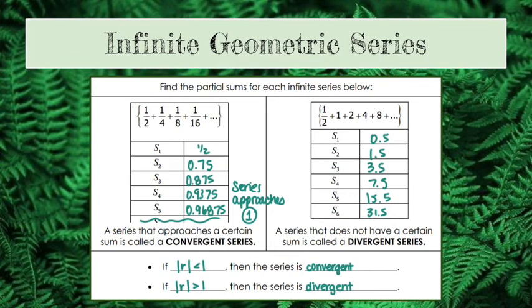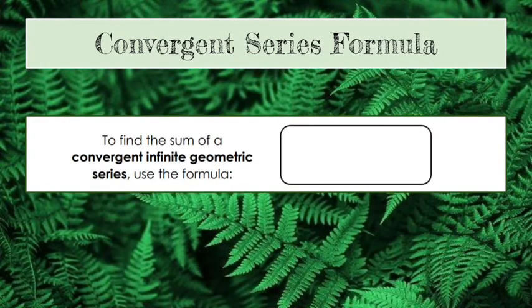So convergent means it approaches a certain number, and divergent means that it doesn't have any limit. And it'll just keep getting bigger and bigger and go to infinity. To find the sum of a convergent infinite geometric series, we will use this formula. Sn equals A1 times 1 over 1 minus R.